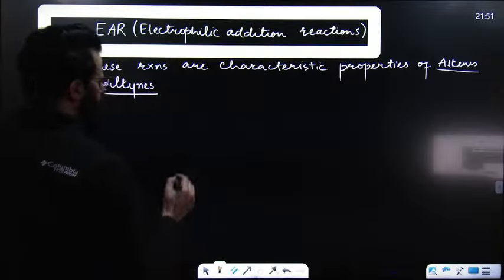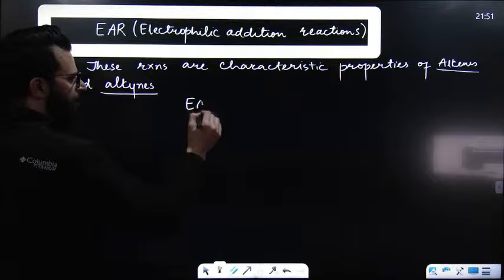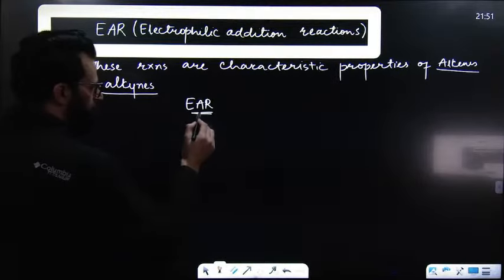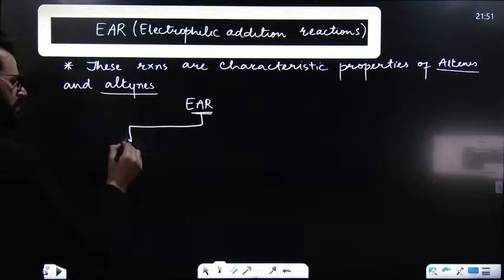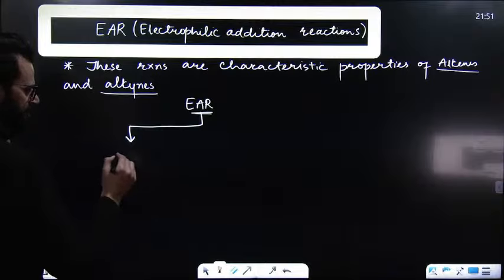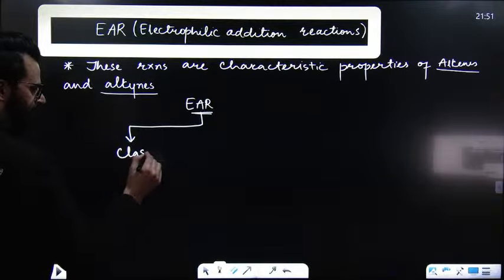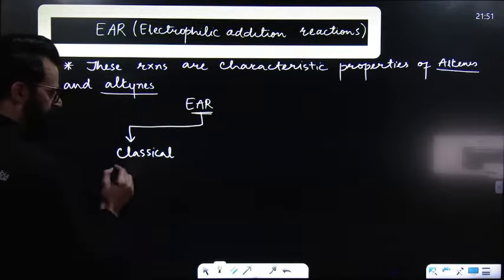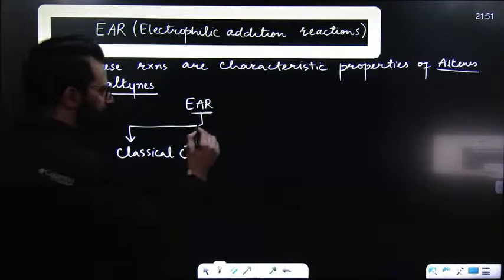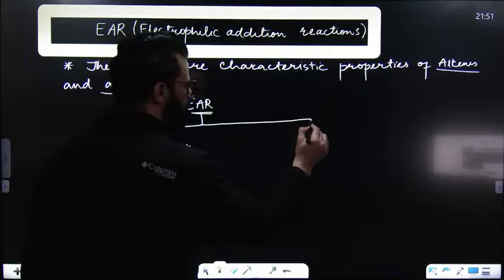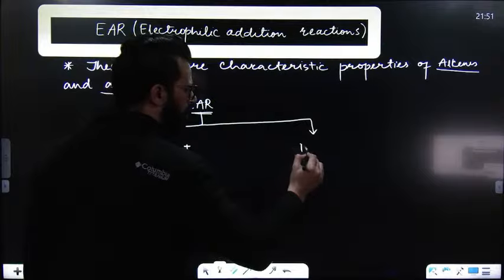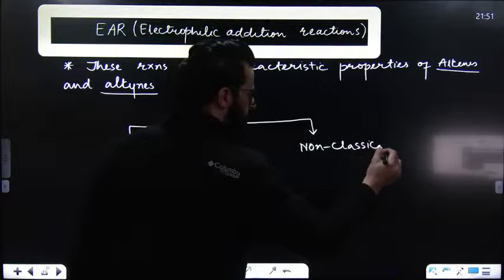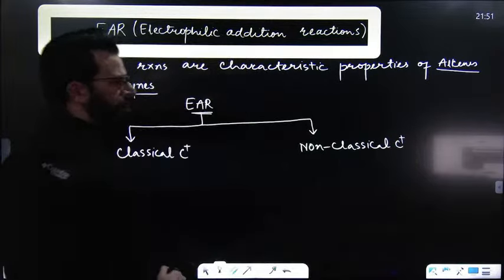Remember, these electrophilic addition reactions in case of alkenes can take place via classical carbocation, that means the intermediate of such reactions will be classical carbocation, or via non-classical carbocation.